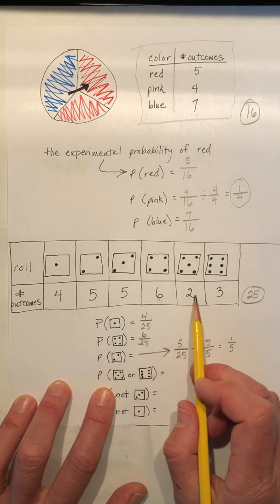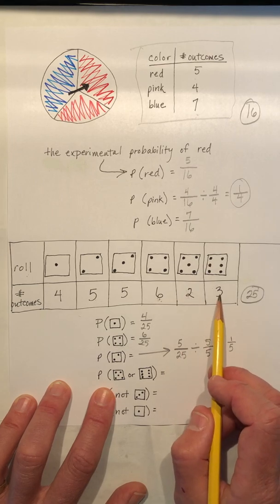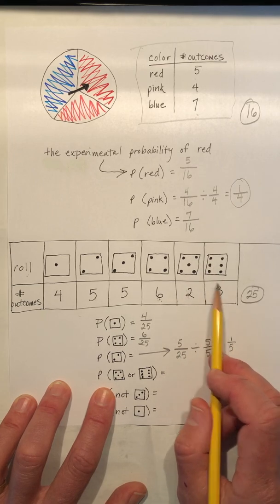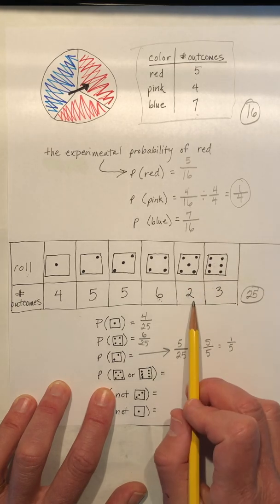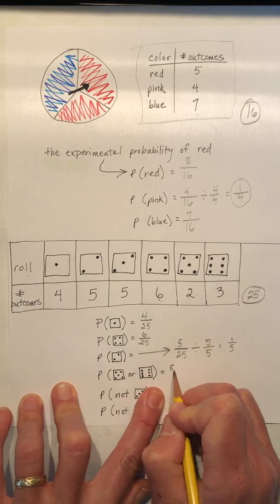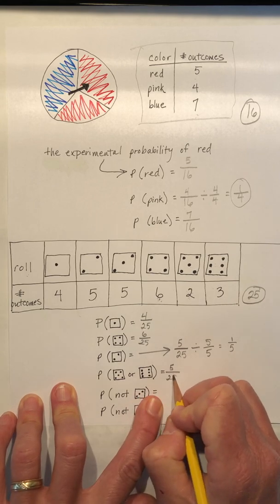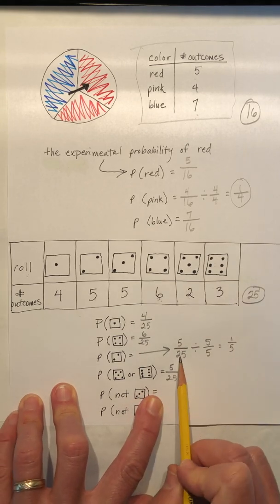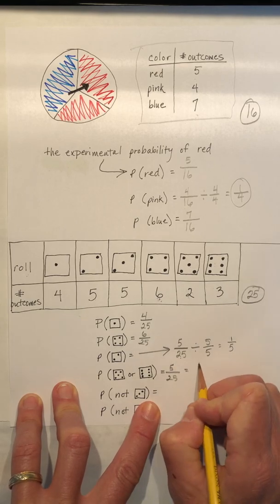Well, you won $1 here for the 2 5s, and you won some more money over here for the 6. So the ways that you can get that 5 or the 6, there were 1, 2, 3, 4, 5. So it is 5 out of total number of rolls, 25. And just like we simplified 5 over 25 to 1 over 5 here, we can do that here.